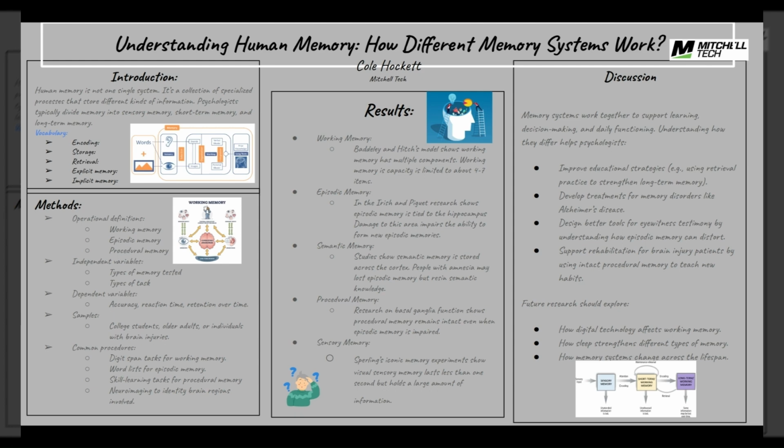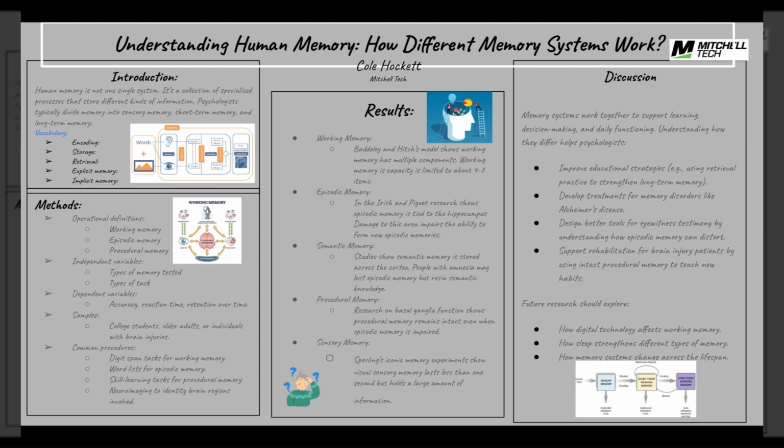Independent variables are like types of memory that were tested, and types of tasks that were asked to be memorized accurately. Dependent variables are like accuracy, reaction time, retention over time. Some samples are college students, older adults, or individuals with brain injuries.